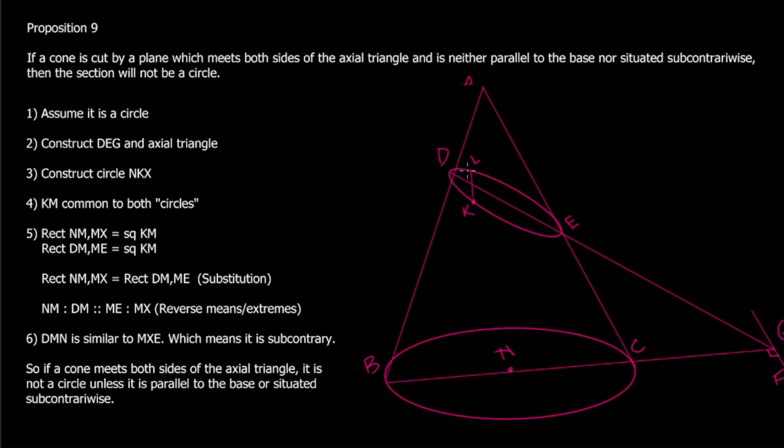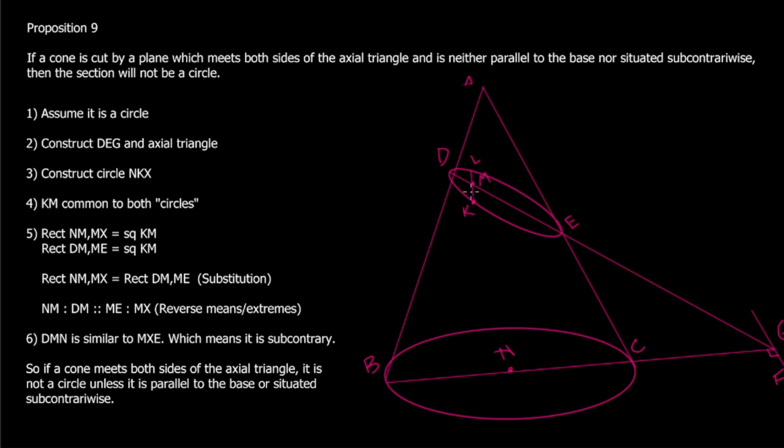We're going to draw KL so that it's perpendicular to the plane of the axial triangle ABC. And you'll remember that this makes DE the diameter, and it'll make KL bisected at this point M.